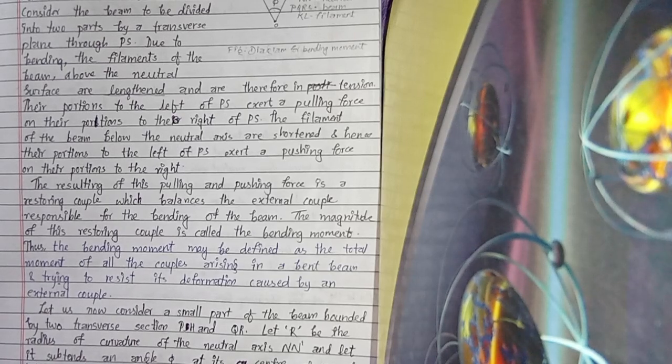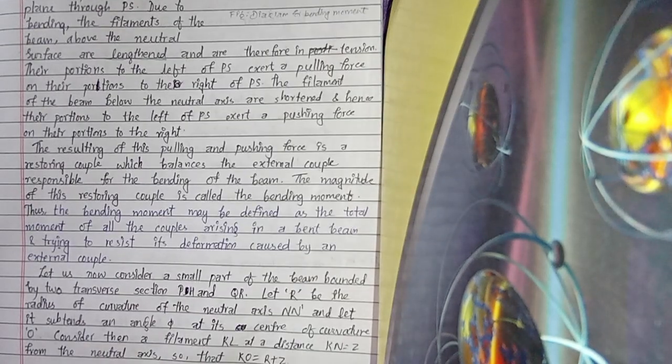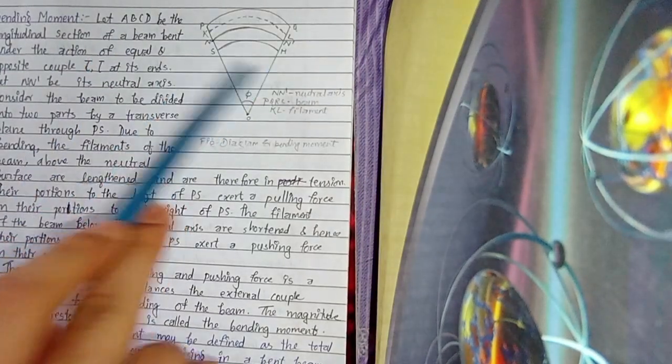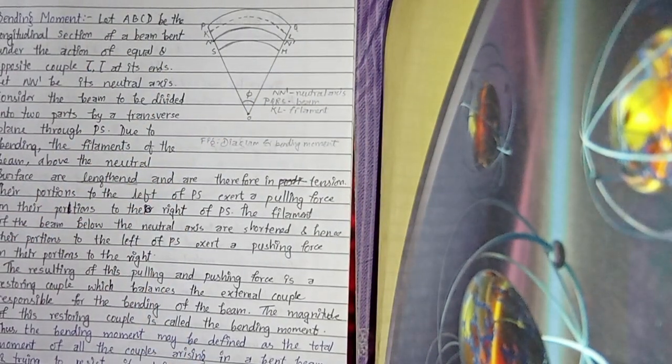So if we want to derive this, let us now consider a small part of the beam bounded by two transverse sections PH and QR.